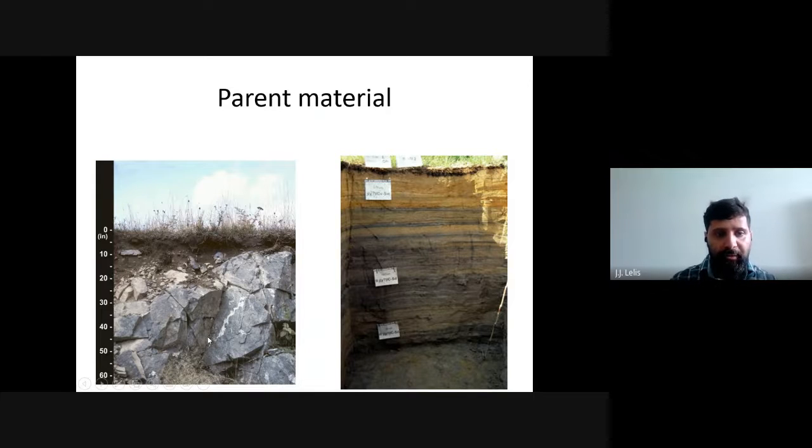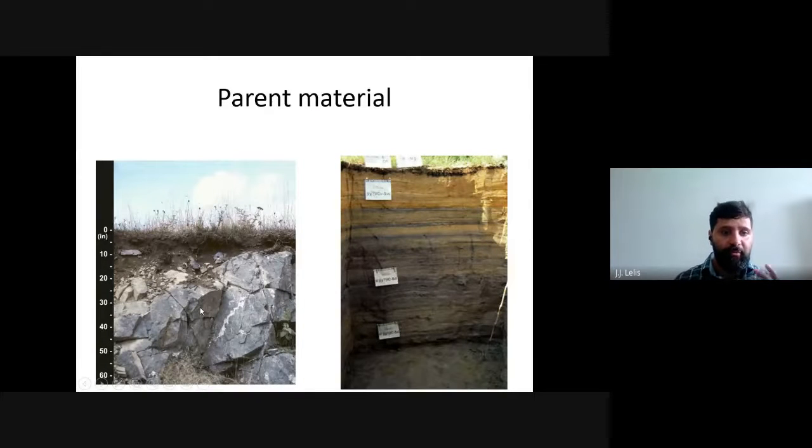The weathering of these rocks, this granite, forms this dark soil, okay? And we can understand that this soil probably will have a lot of similarity with these rocks.